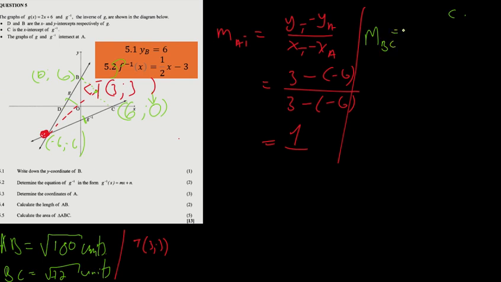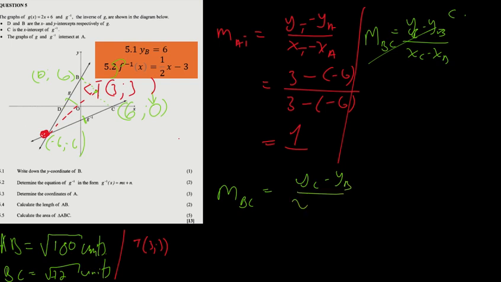Let me use a green color. MBC is equal to YC minus YB divided by XC minus XB, which is equal to YC is 0 minus 6, over XC, 6, positive 6 minus 0.